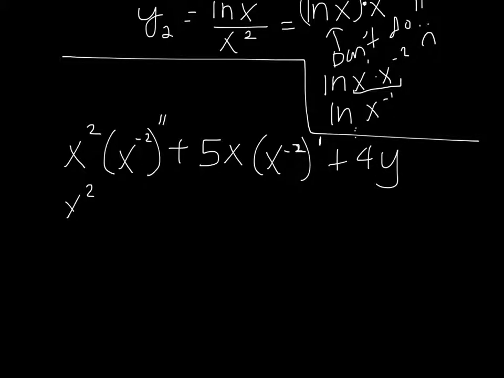So we have x squared times the second derivative, so we can rewrite this again as x to the negative 2. I'm going to take the first derivative of that, and then the second derivative.